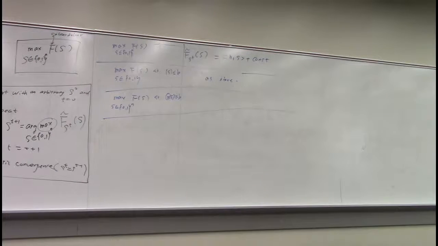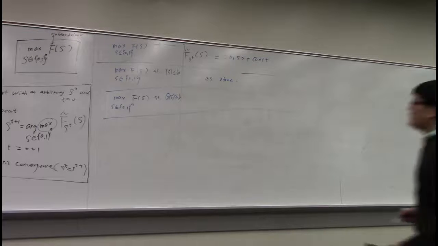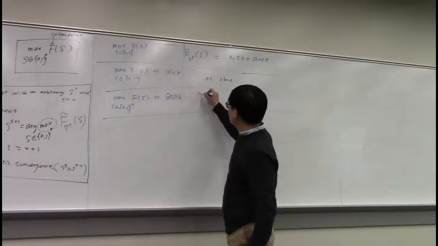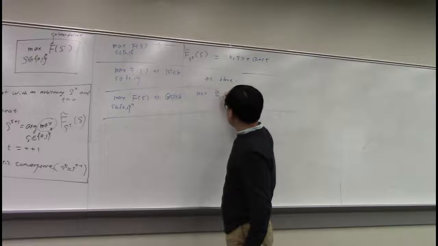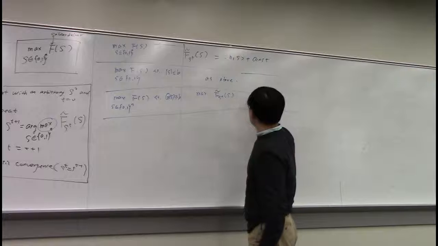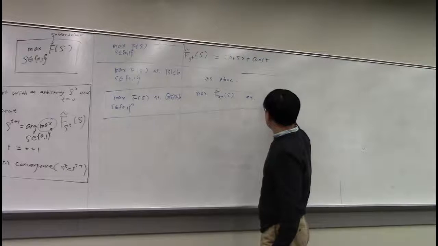In this case, only approximating the objective function is not enough because now the constraint also involves a submodular function. Right? So we need to approximate. So that's why max, this is S T, subject to G lower bound function.